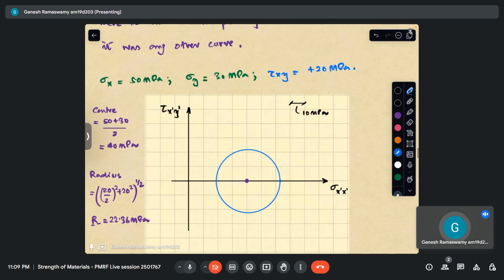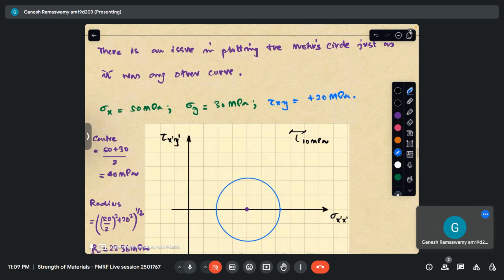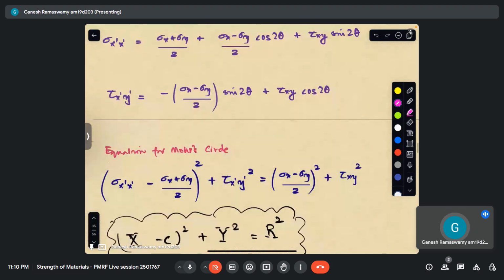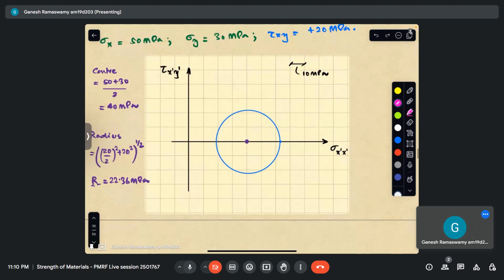Now let us plot the x-plane. On the x-plane, if we observe this, we have a normal stress of positive 50 and a shear stress of positive 20. So what do we generally do in plotting any curve?